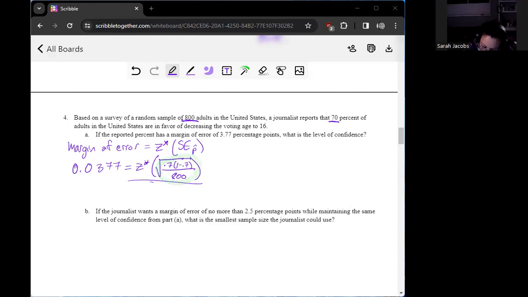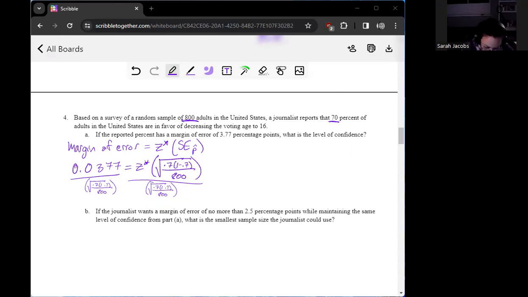And I'm going to be a little bit sneaky here and duplicate that. When I do that, I get 0.0377 divided by the square root of 0.7 times 0.3 all over 800.